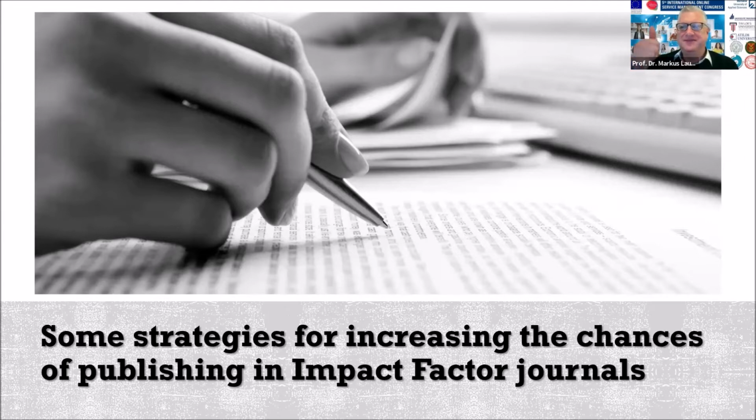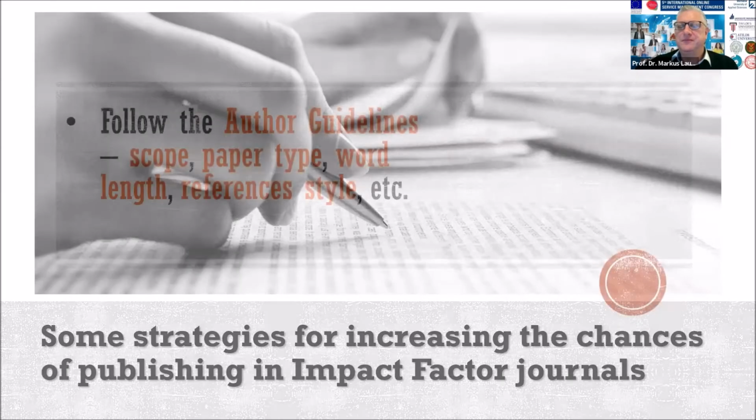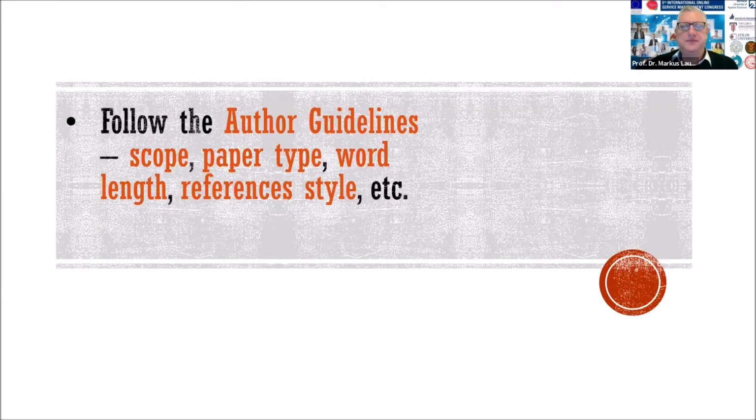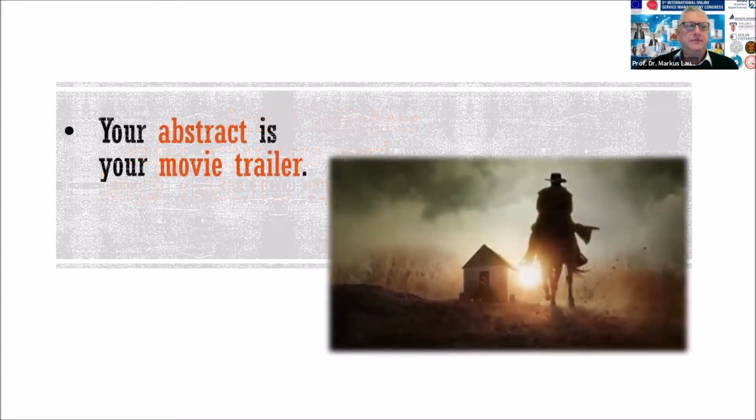Excellent. Just 5 minutes. So there are some strategies for increasing the chances of publishing in those journals. Again, these are very short. We need to follow the author guidelines, the scope, the paper type, the word length, and the references style. Remember that your abstract is your movie trailer. Before you go to the cinema, we watch the movie trailer.